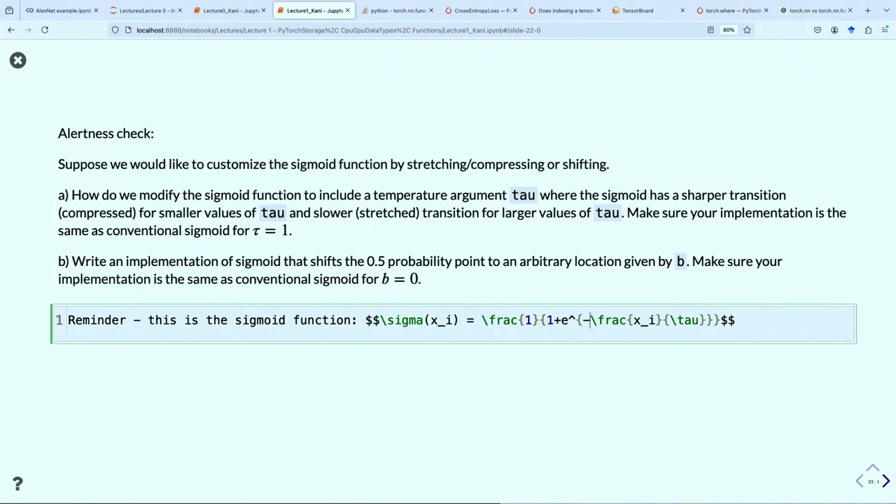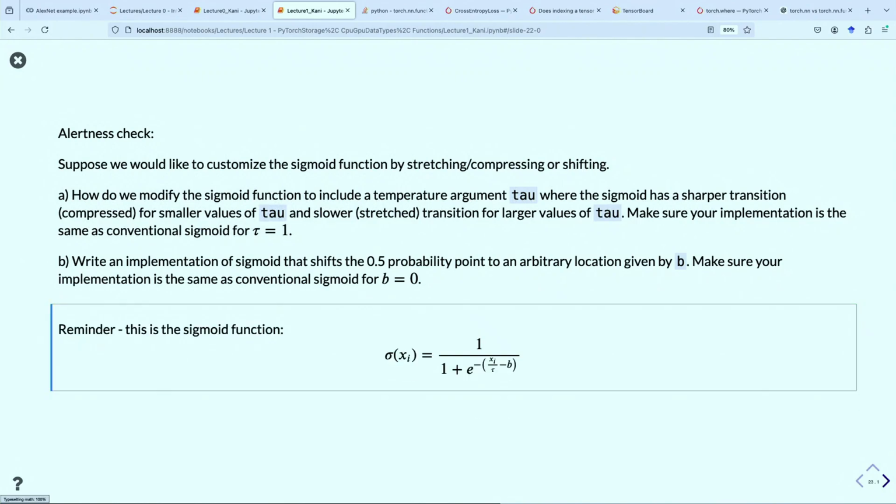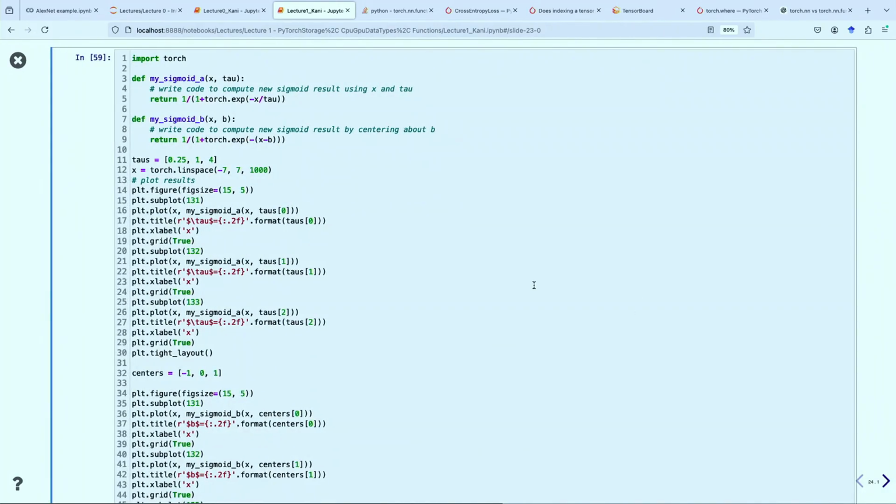So minus /left minus b /right. There we go.